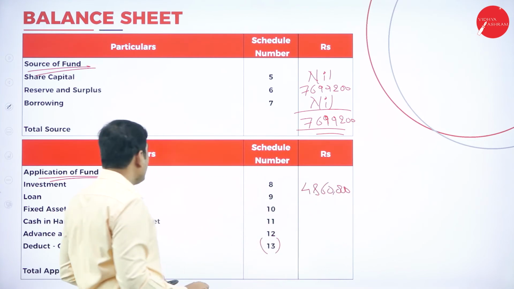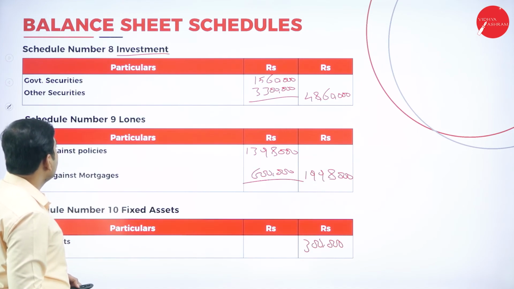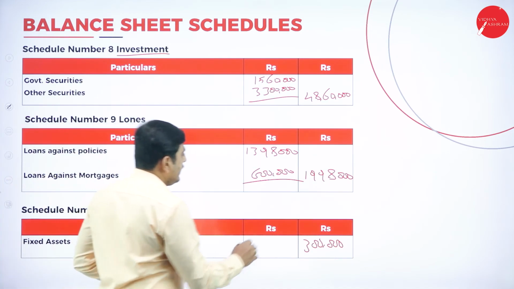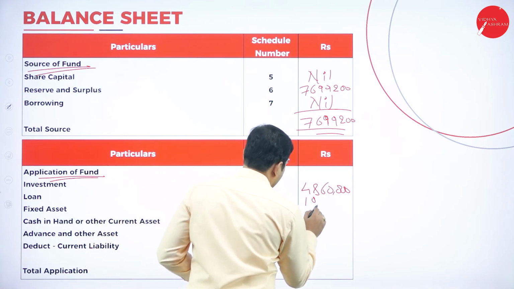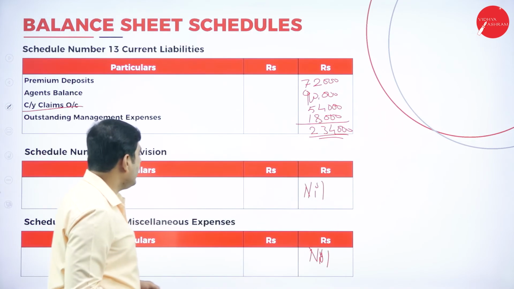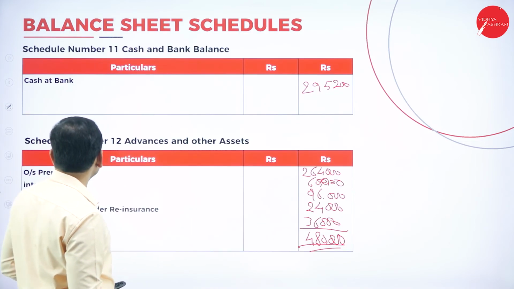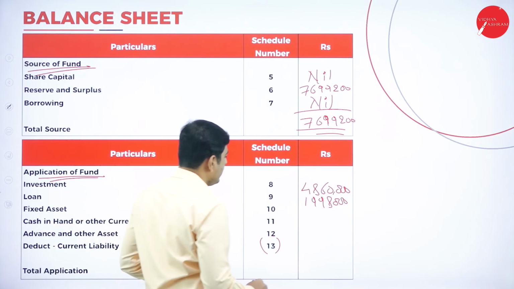Next item is loans. Loans and advances, it is 19 lakh 98,000. Next item, schedule number 10 fixed assets. Fixed asset is 3 lakh.